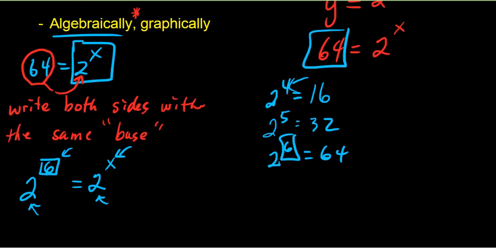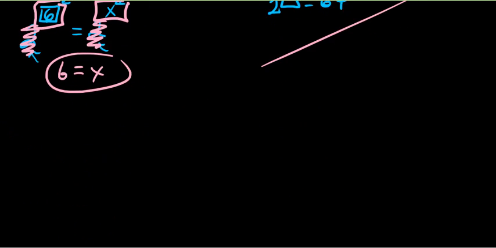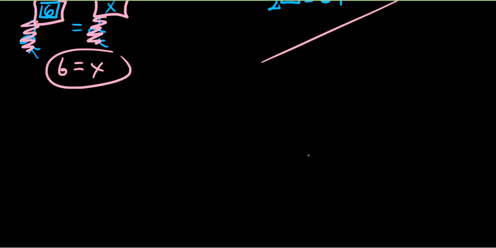So guess what? When they have the same base, it's almost like you can eliminate that constant part, and then 6 becomes the same as this unknown here. And so 6 equals x. That's your answer. X equals 6. Okay? So it's really easy, actually. You try and write both sides with the same base. Now, this isn't going to happen every time, but in this section, we're going to be able to do that. So here's another one, okay?